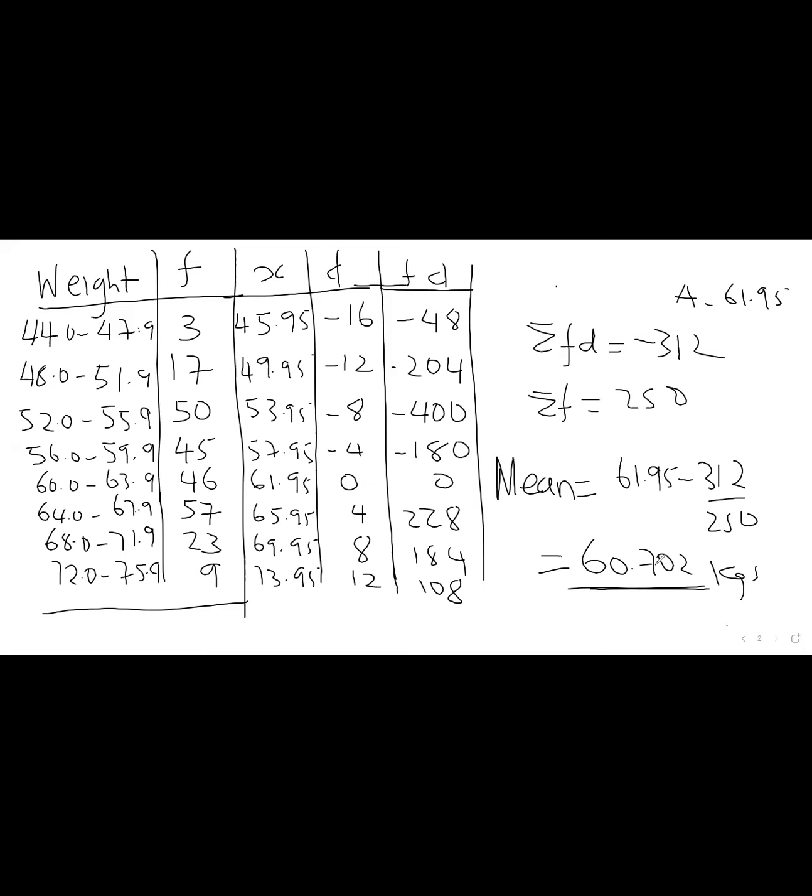I don't know what happened. The boys, did you get that answer? The answer is 60.702. Even that's what I've got, and yet I've used a different working mean. Is that okay? Yes, teacher. I want us to stop there. We are time bound.